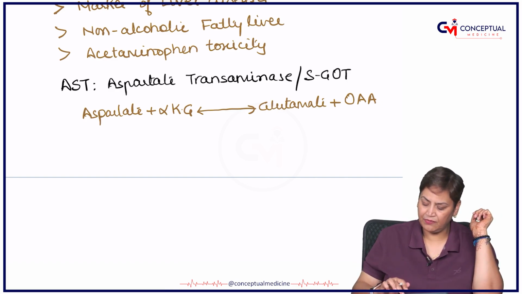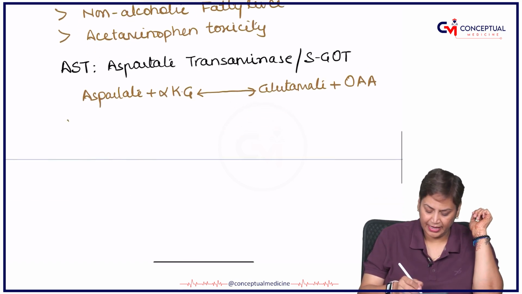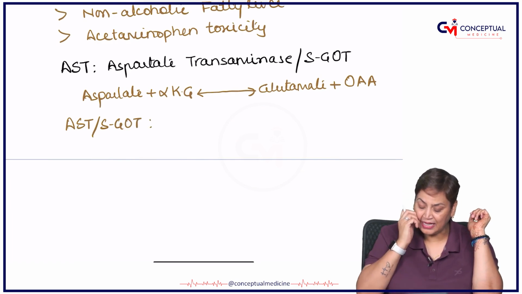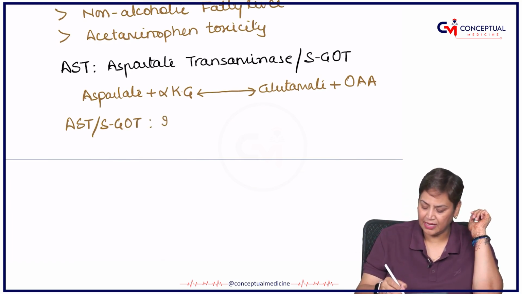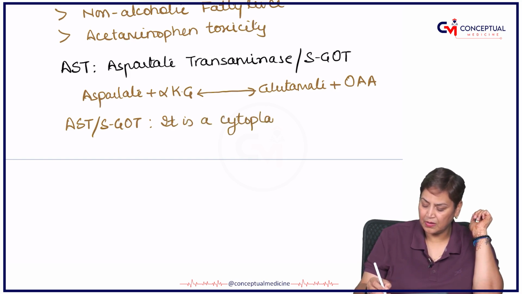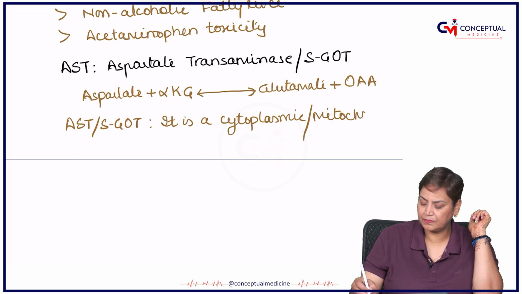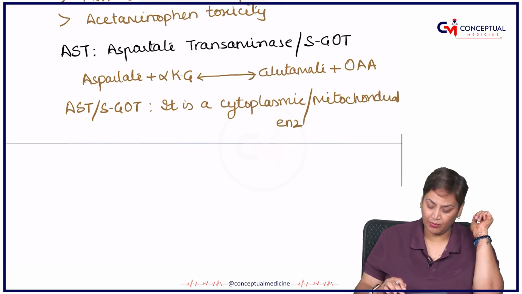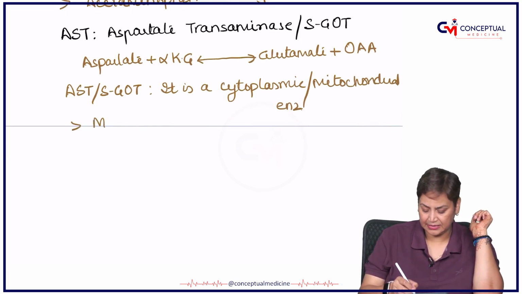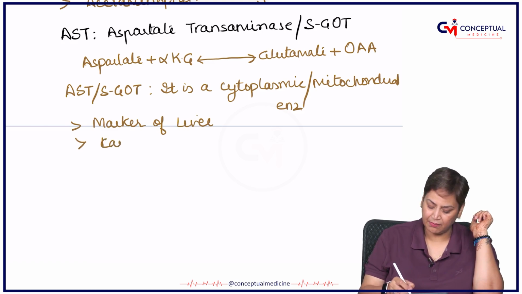Right? And if we talk about the occurrence of this, AST or SGOT is partly a cytoplasmic, partly a mitochondrial enzyme. So it is a cytoplasmic as well as mitochondrial enzyme. And if we talk about the significance of this, it is a marker of liver diseases also, and it is an MI marker, or cardiac marker.